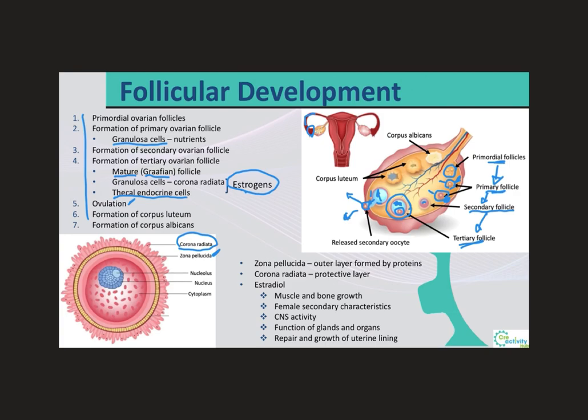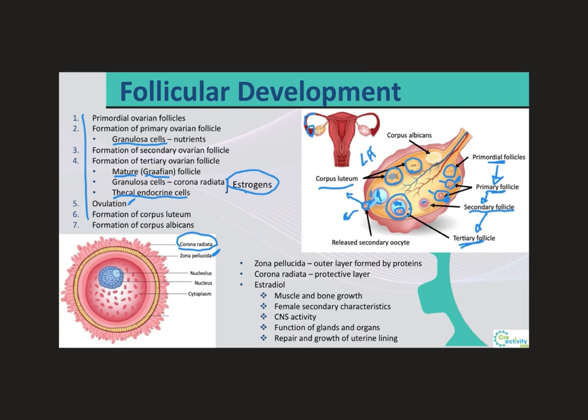Under the stimulation of luteinizing hormone, the remaining granulosa cells invade the area and proliferate to create what we call the corpus luteum. So the luteinizing hormone is what will give rise to the corpus luteum.